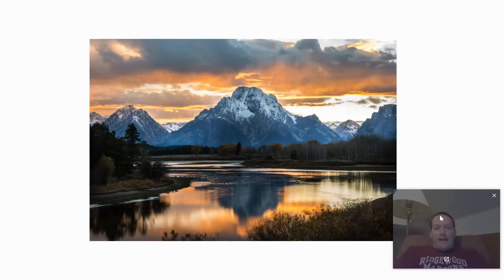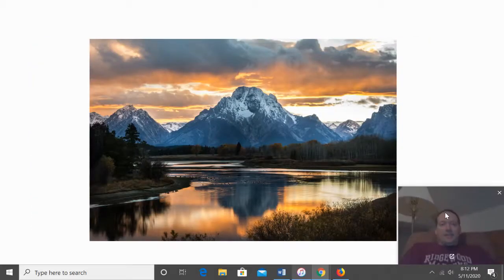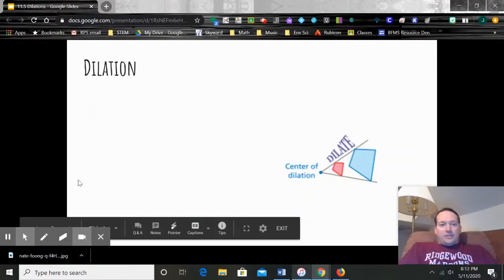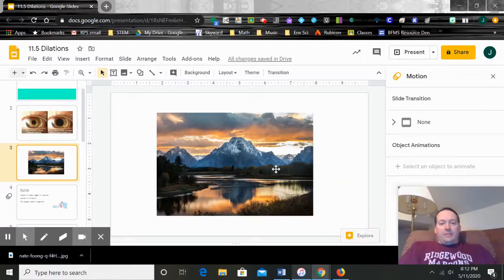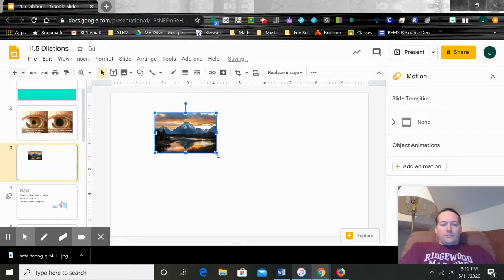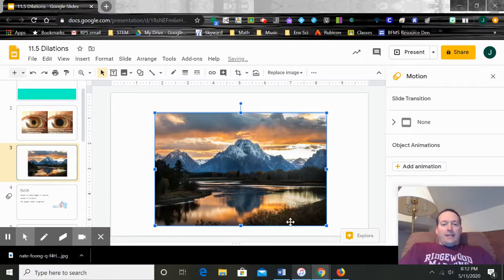So now let's look at this picture for a second. You guys have done dilations in the past. When you take an image and use one of the corners, you can make it smaller or bigger. As I'm doing this, you notice it's growing lengthwise and height-wise, proportionally.